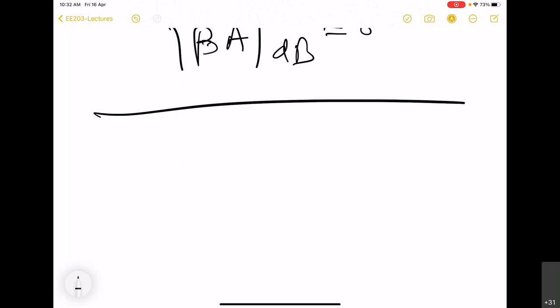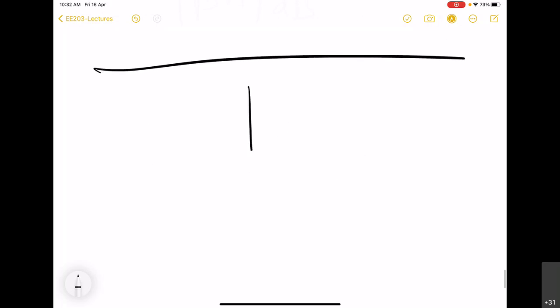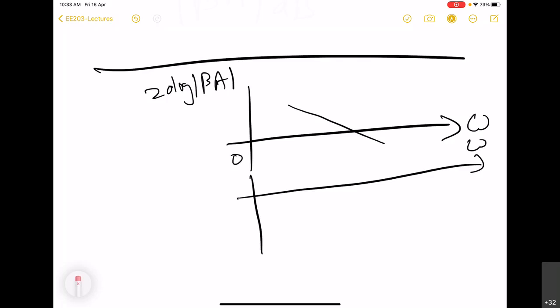So let us consider the case where we have 20 log mod beta A, and suppose the response is something like this. So we are showing only the part of the response, not the complete response. And if you see the phase response, then suppose it is like this one.